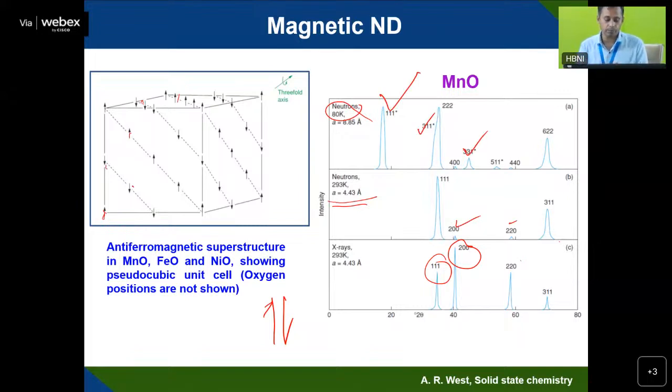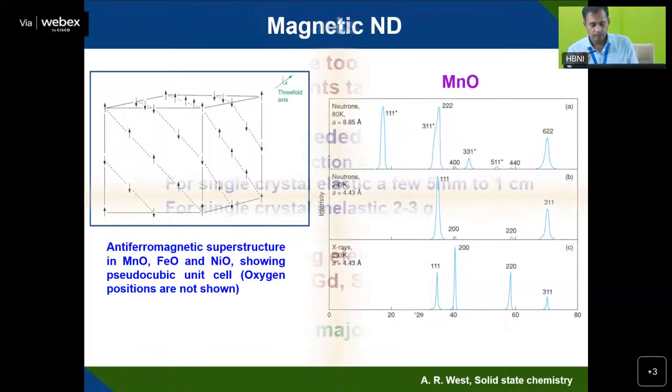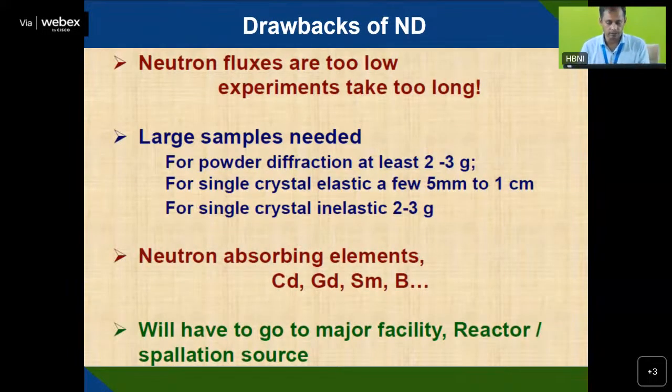These additional peaks are because of antiferromagnetic interaction. So you can easily determine whether it is magnetically interacting or not. Those are the things you can get using neutron diffraction studies.